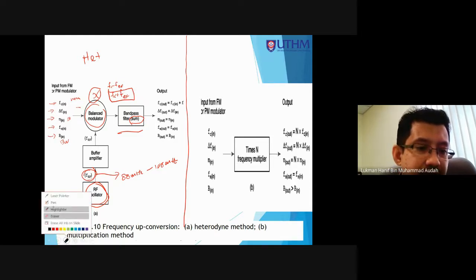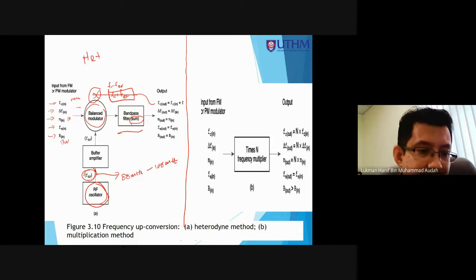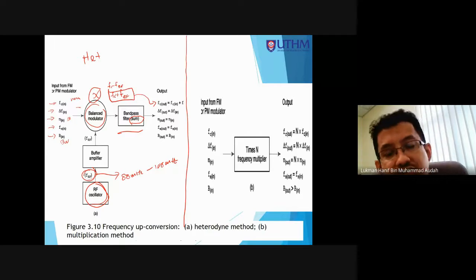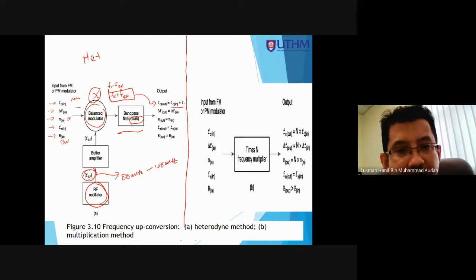So bermakna keluaran daripada band pass filter dia akan select FC plus FRF. So keluaran dari sini dia akan jadi FC out. FC out, we choose the sum frequency. That means FC in plus F. F di sini adalah FRF.